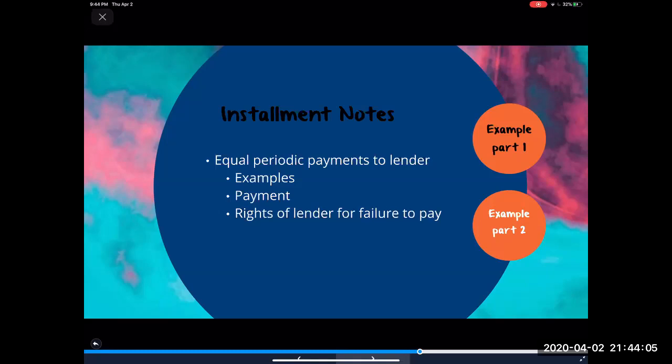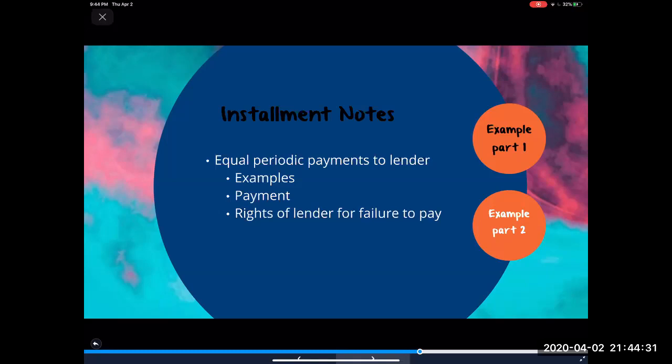If you have a student loan payment or a mortgage payment, you're usually paying the same amount for the entire duration of that loan. But the payment of that loan is very structured, and that's what we'll talk about here. Let's talk about the rights of the lender.